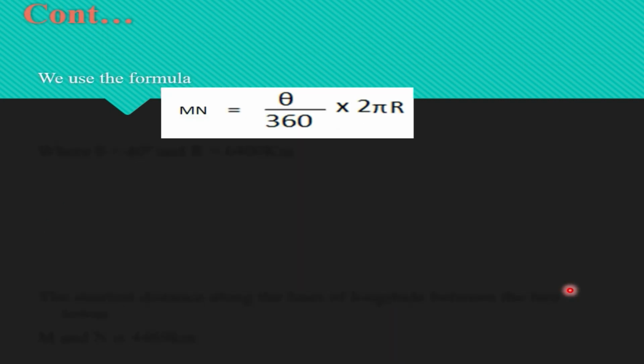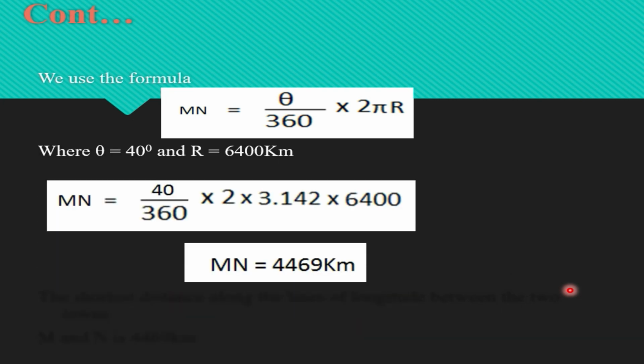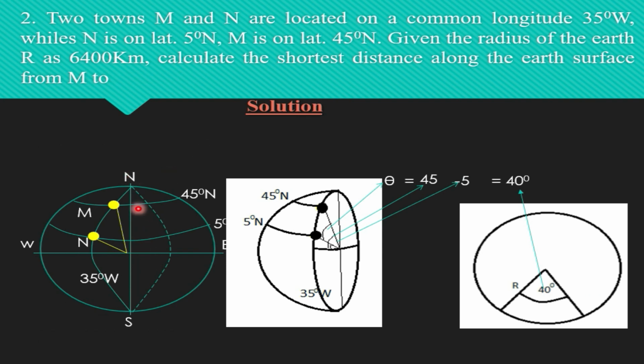And then use the formula once again to calculate for the shortest possible distance. So theta over 360 times 2 pi r. Then we know the angle is 40 degrees because when we're looking at it, the angles are on the same longitude.